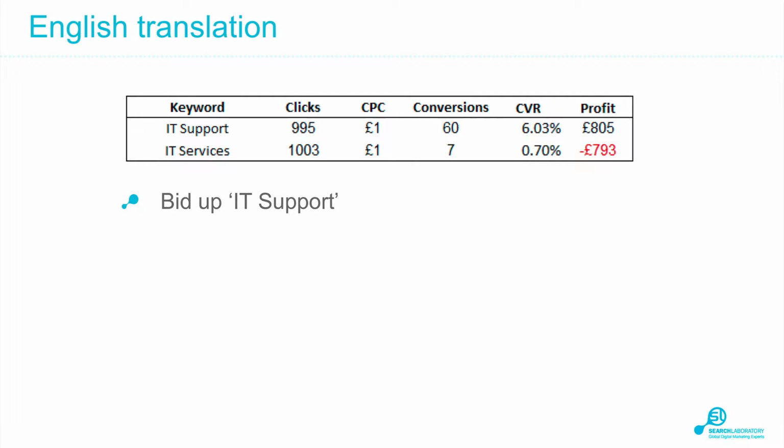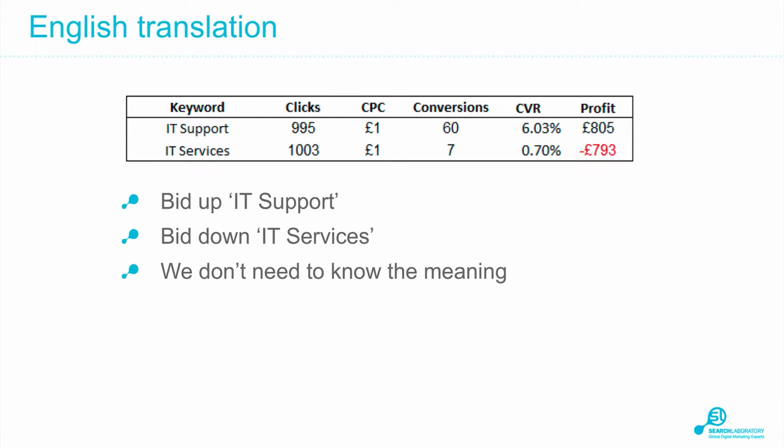It doesn't make any difference at all. We do not need to know what those keywords mean in order to make a qualified bid decision on those keywords. So the statistics of a PPC account, in that particular example, we don't need to know the linguistics at all. Bid up on IT support, bid down on IT services. We don't need to know the meaning of the keywords.